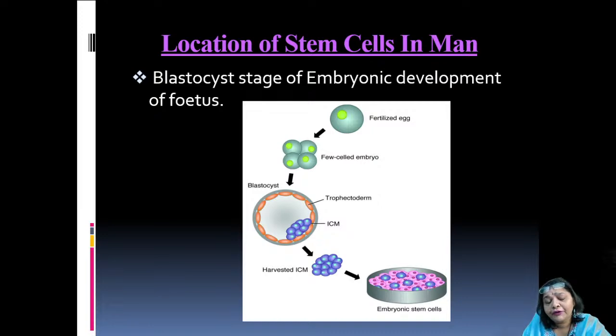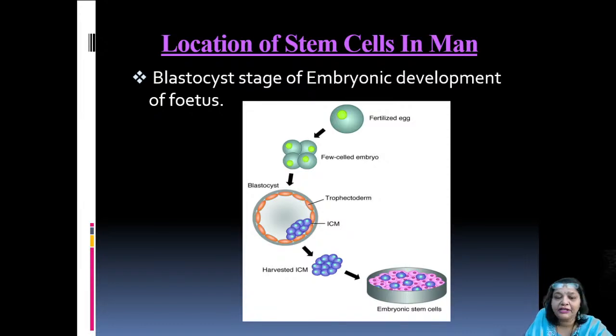Later on it grows into a mass of cells called the morula. Now the cells which are irregularly arranged in the morula slowly start arranging themselves in another structure called the blastocyst or blastula. Now this blastula contains the cells that are the stem cells.